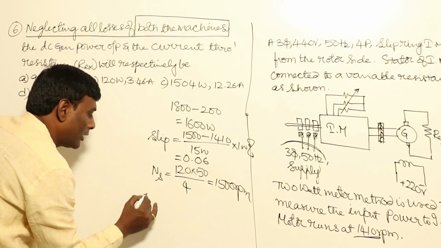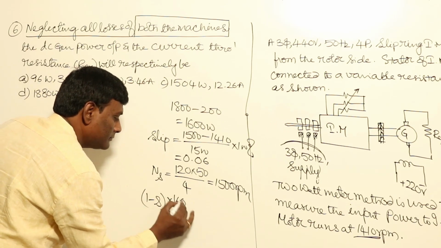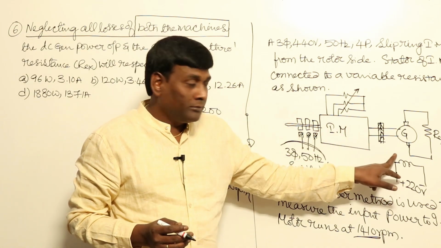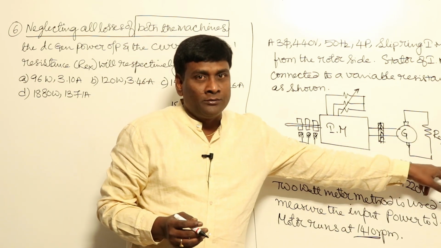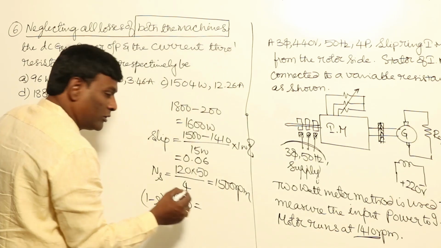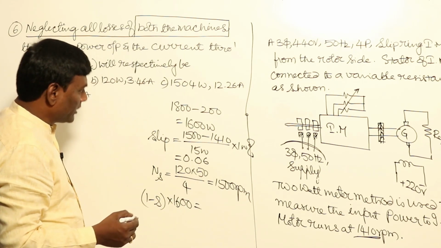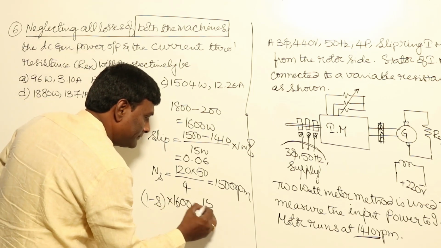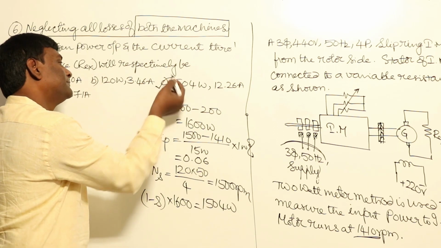It is going to be (1 minus s) into 1600. That is the induction motor output, which is nothing but the generator input. The generator output is going to come to 1504 watt. So the answer should be this.